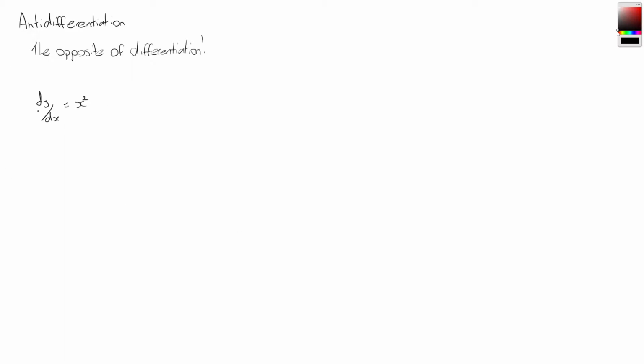What I want to do, or what we can do with anti-differentiation, is find what this function was before we differentiated it. Well, we know from our rules of differentiation that we take the power, put it out the front, and reduce it by 1.